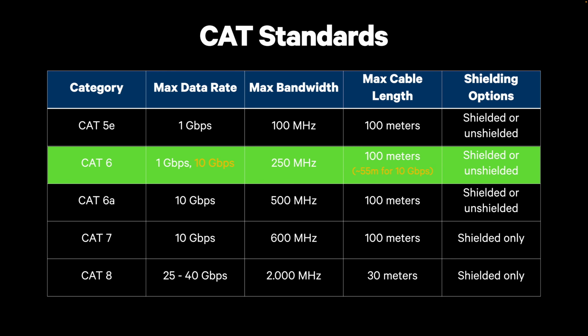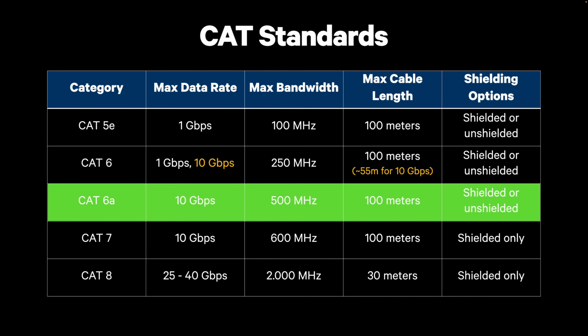And this is really like operating at the edge of the cable's capabilities. So you can get 10 gigabit connections through this cable, but approximately only over 55 meters in the best possible conditions. So there might be scenarios where Cat6 is not working with 10 gigabit, especially if the cable is longer. So then you probably should better switch to a Cat6a cable.